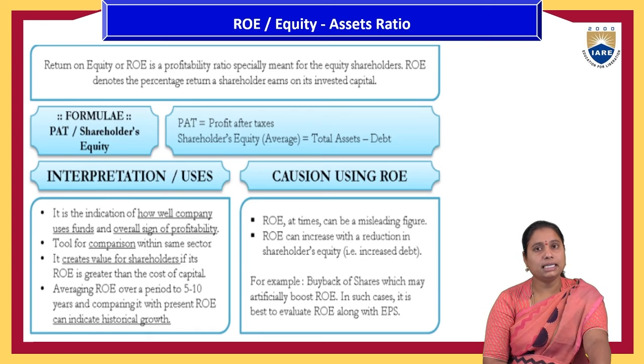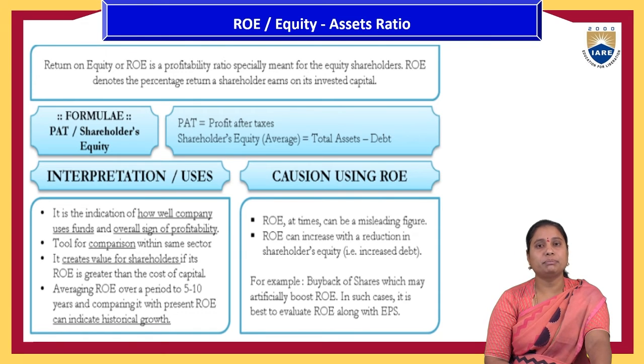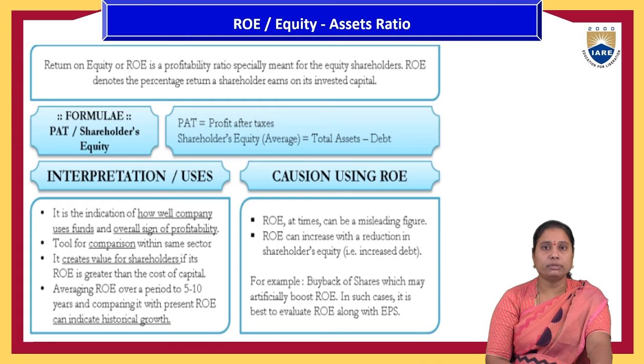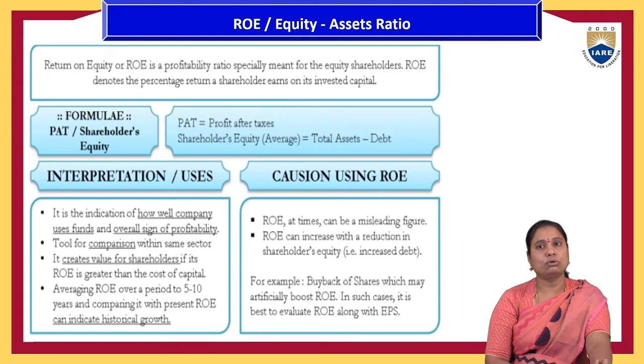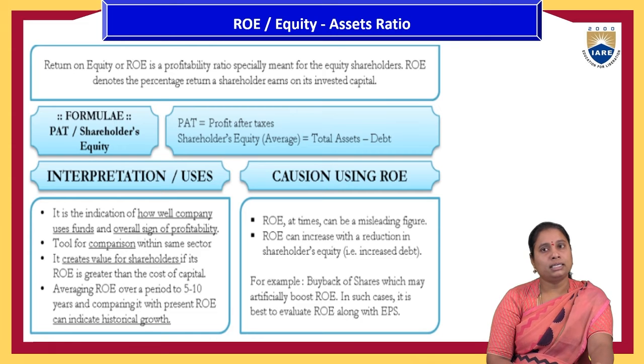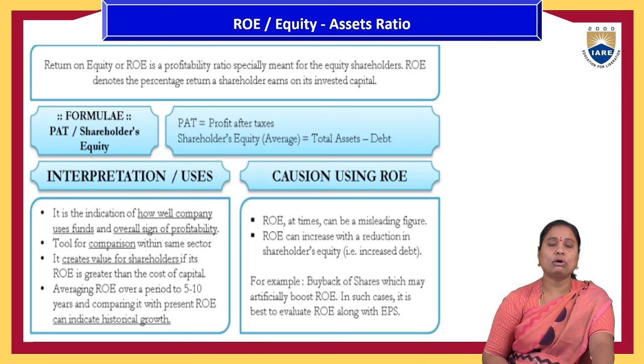It indicates how well the company is benefiting its owners, the equity shareholders, and what return they are getting on their equity. If it keeps increasing, it shows the organization is getting benefits and the shareholders' equity also increases.